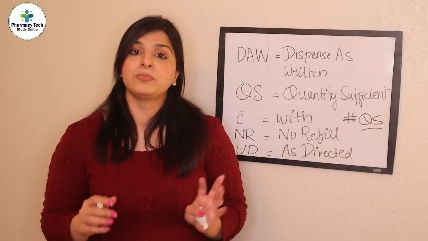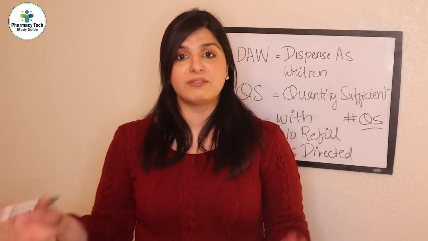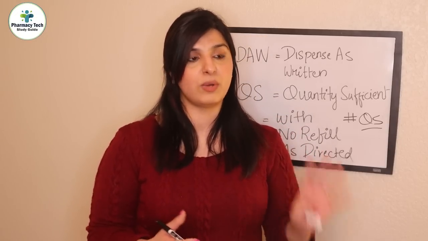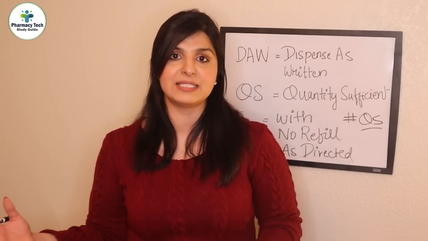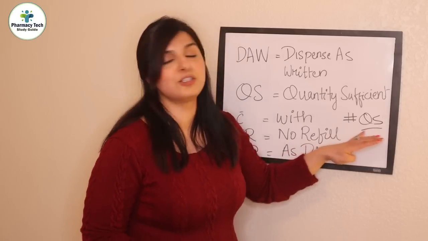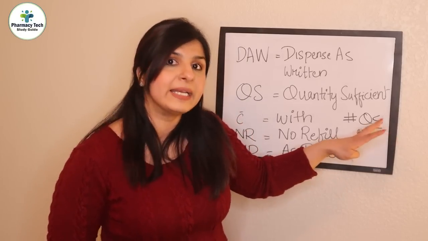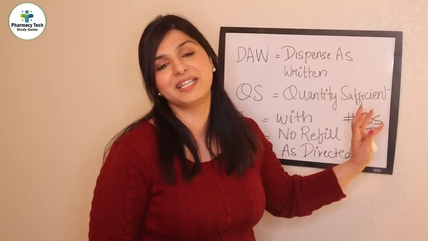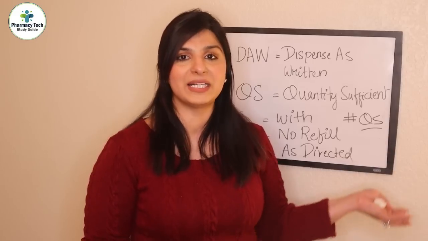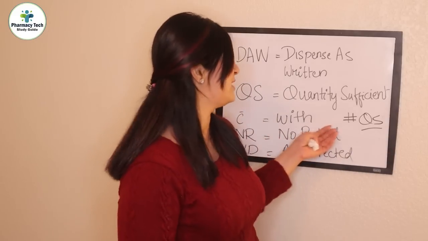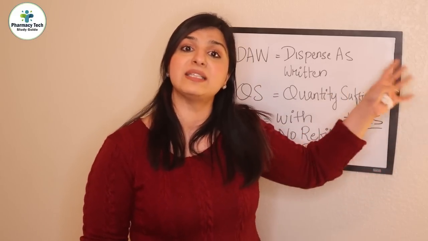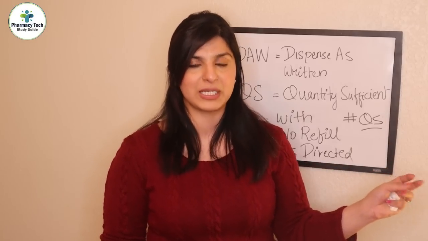That means you just have to dispense the quantity sufficient for the required order, which is 1 tablet twice a day for 7 days. That would be 14 tablets, right? So this is just a short form where the doctor is in a bit of a hurry and cannot calculate the total quantity dispensed for you. So in that case, you just dispense the quantity sufficient that's required for the prescription.